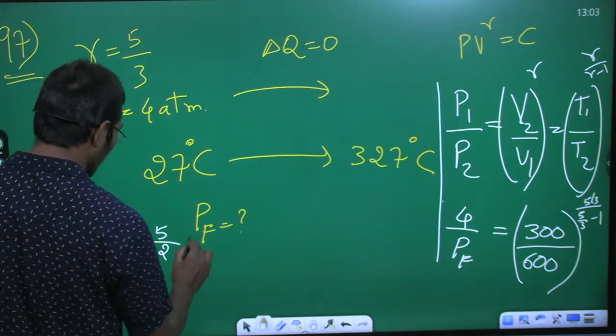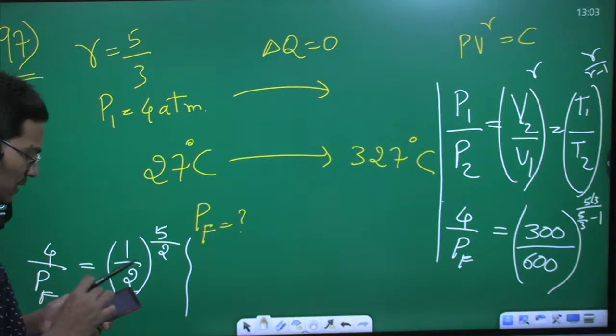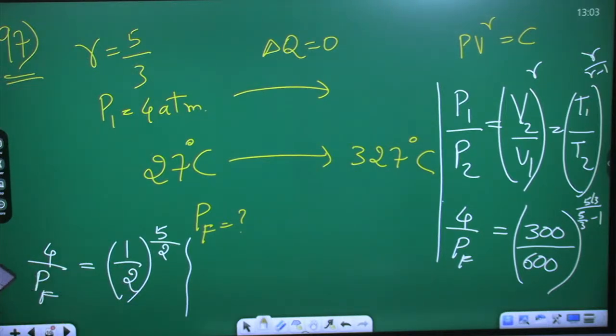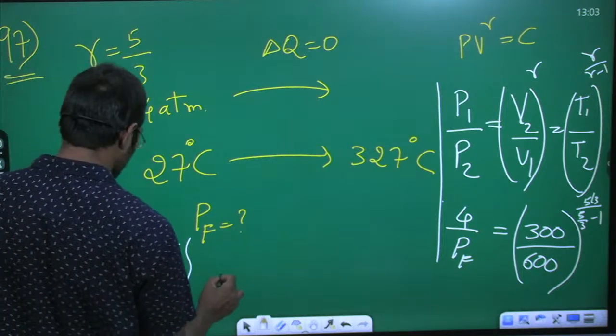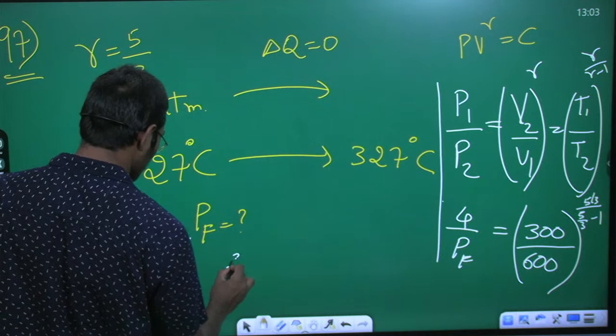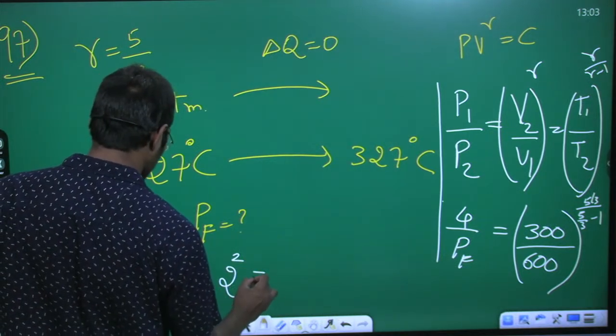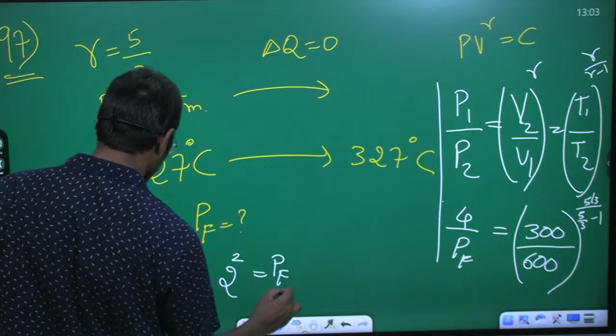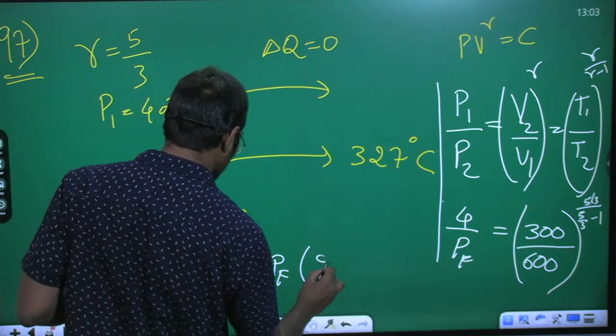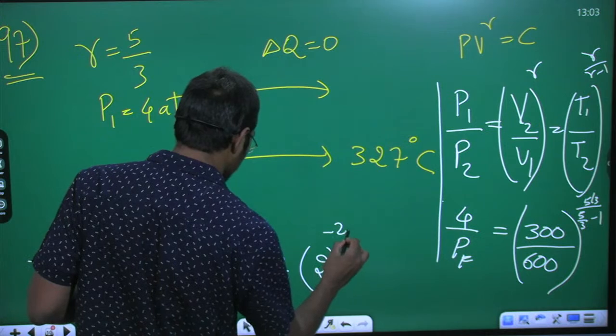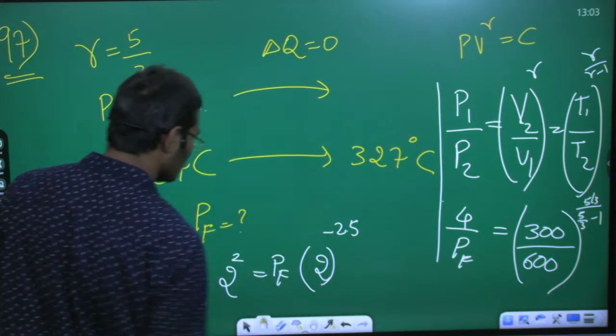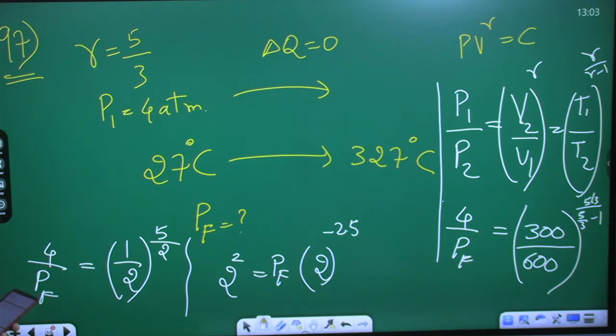So how do you find it? If you look at the options, to solve this you actually need a calculator. Without using a calculator, the options are given in such a way that they are in powers of 2. So 2 square is equal to Pf 2 power minus 2.5. If I bring 2 up, it will become minus 5 by 2.